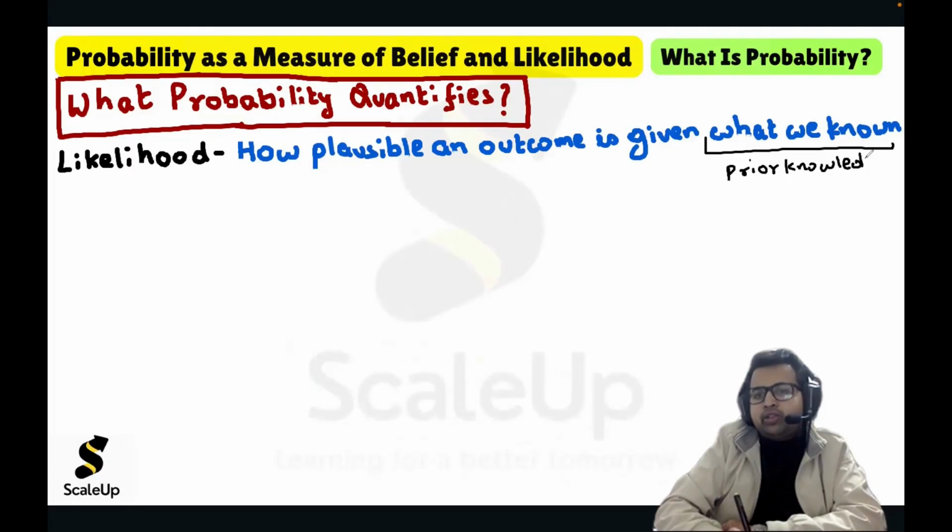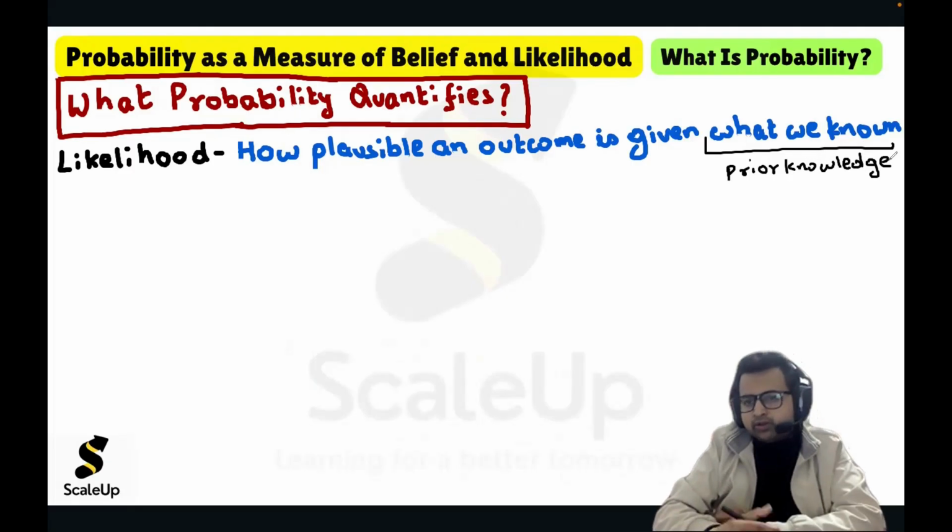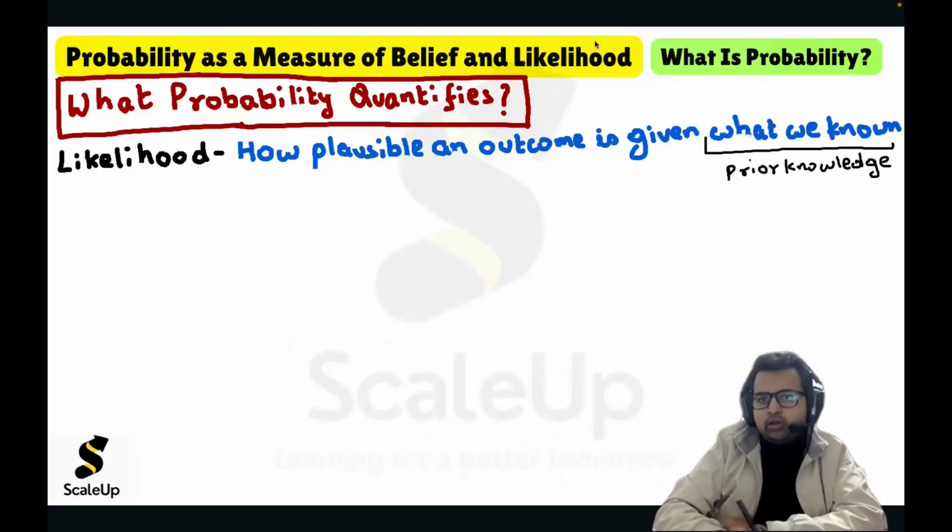Likelihood means, based on our prior knowledge or our belief, how plausible an outcome is. We will discuss it in great detail when we discuss Bayesian inference, Bayesian probability, and conditional probability. There, likelihood will make more sense to you.